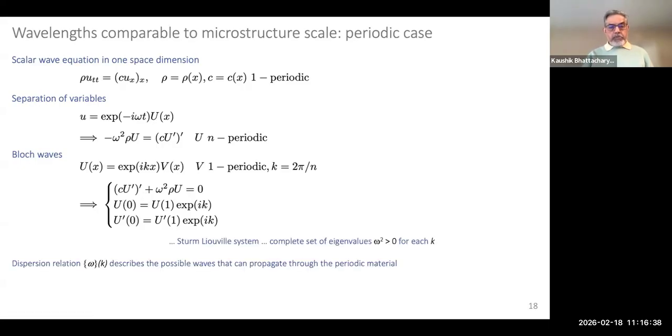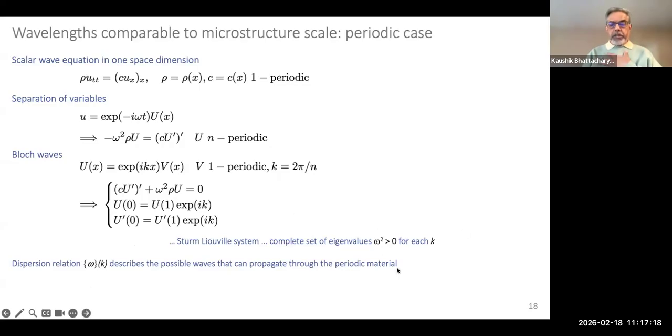And you can show that this is a Sturm-Liouville system, which means that given any k, which is 2 pi over an integer, there is a countable infinity of eigenvalues omega.